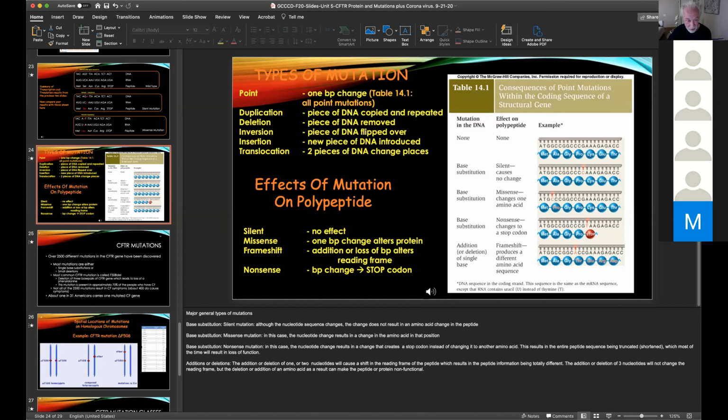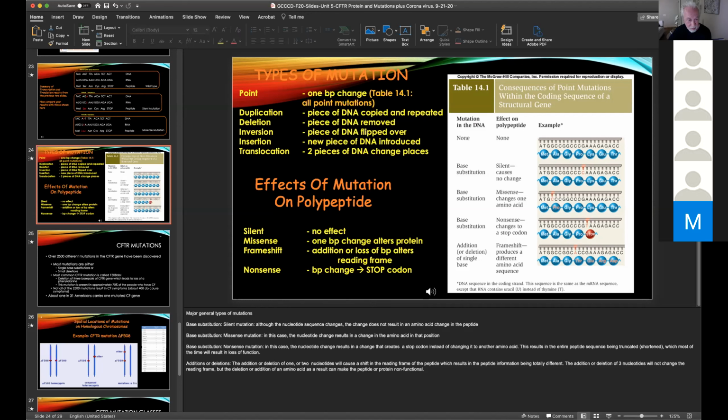And a translocation is usually 2 pieces of DNA just changing places with each other. They can change places on the same chromosome or between 2 different chromosomes. There are translocations that are not reciprocal, that is, just a piece of DNA moves from one place to another. But most translocations are reciprocal. They change places.